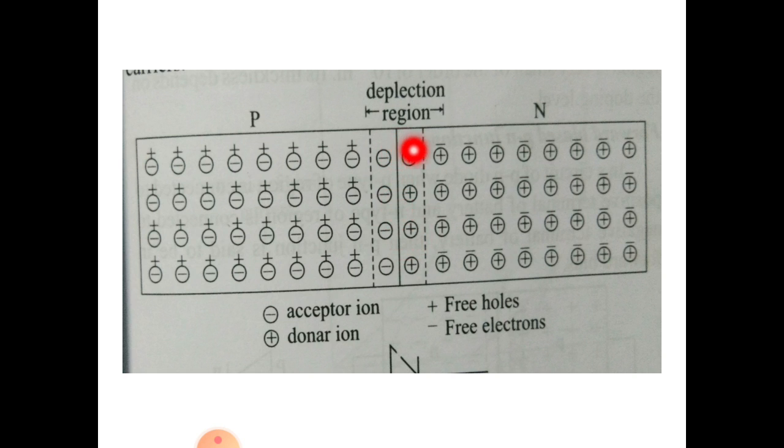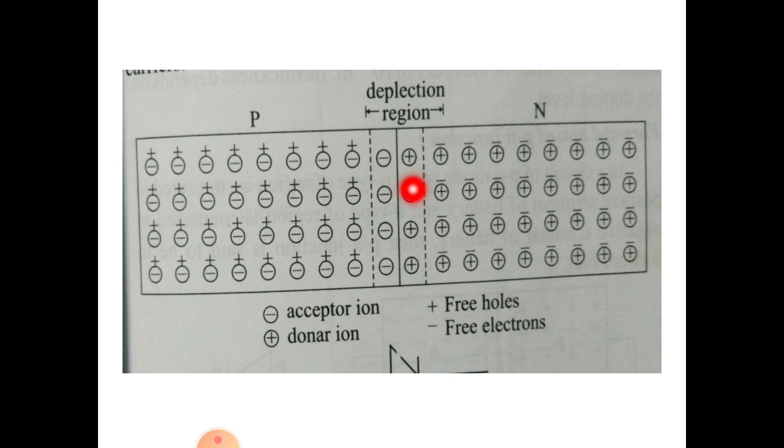You can see only acceptor and donor ions are present. No free electrons or holes are present in this region. Hence there is a depletion, or a shortage, or reduction of free electrons. Hence it is called a depletion region.